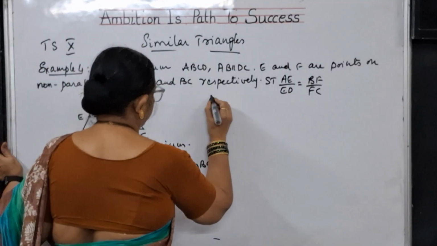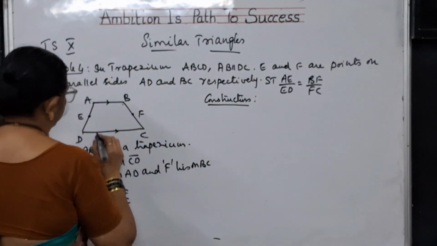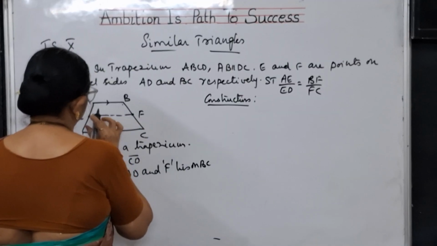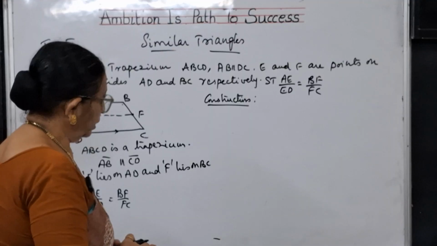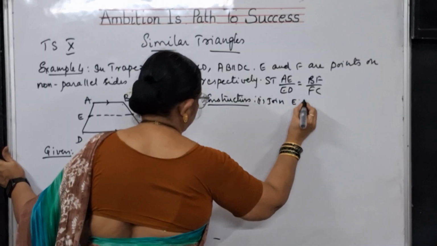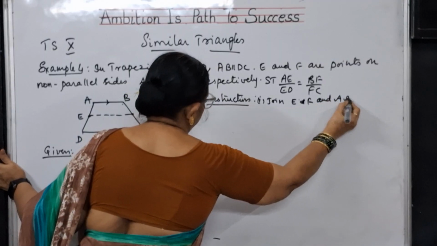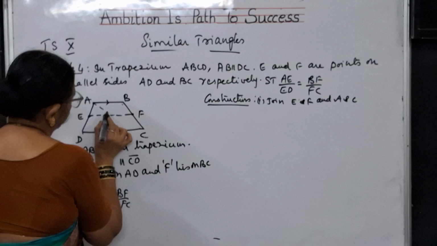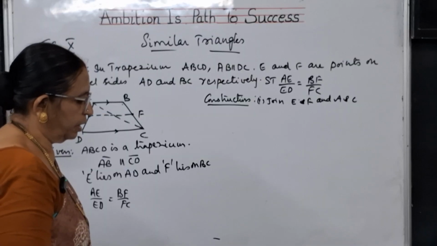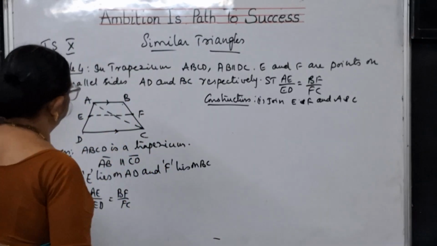Now there is a construction. You have to join E and F, and also join A and C. When you join EF in the trapezium, they have even given EF is parallel to AB.